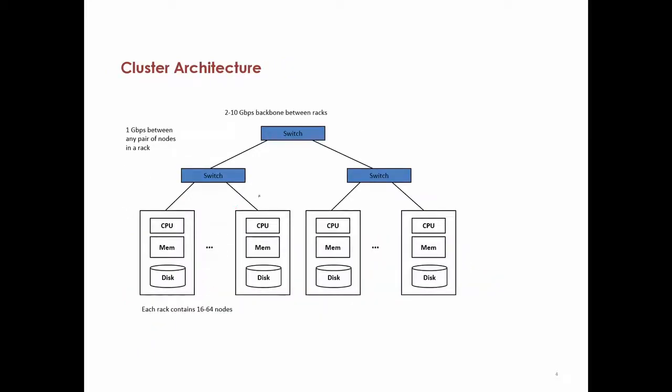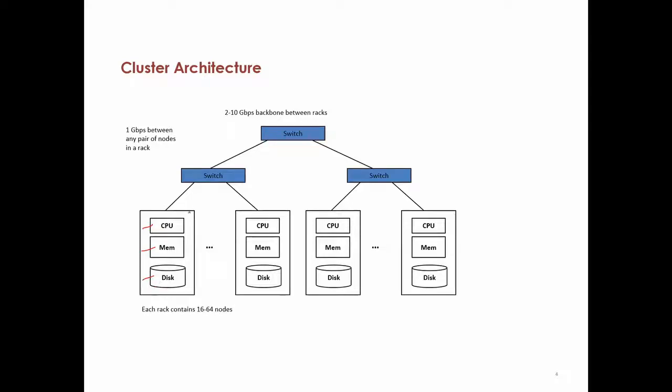Now, this is just an architecture of a typical data center. So, a data center typically has these machines which are arranged in racks. Each machine will have a CPU, its own memory, and an attached disk.